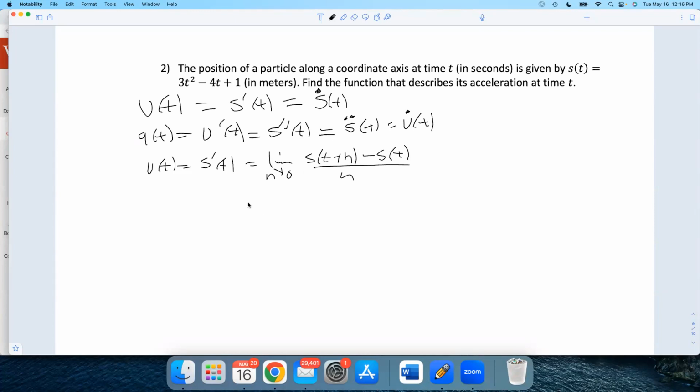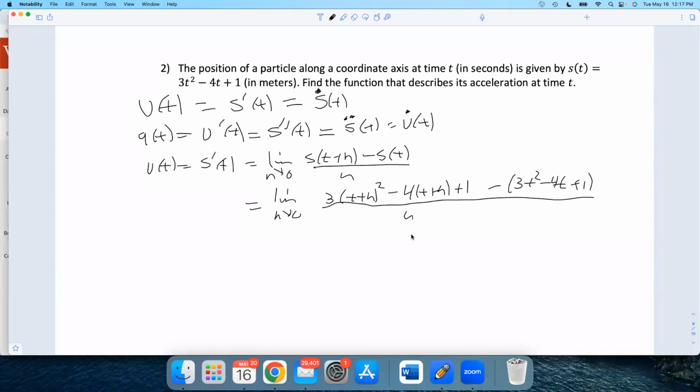Okay, let's calculate this. So I'm going to replace all of my t's with t plus h. So that'd be 3 times (t plus h) squared minus 4 times (t plus h) plus 1 minus, and then from that I have to subtract the entire original in parentheses. If you don't put these parentheses, bad things are going to happen. That's a t. And then don't forget all over h.